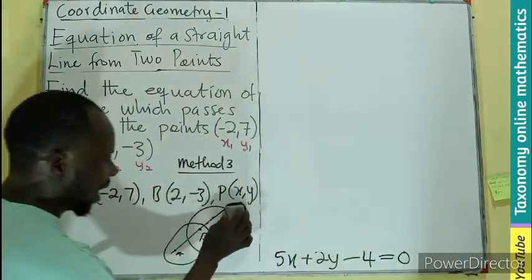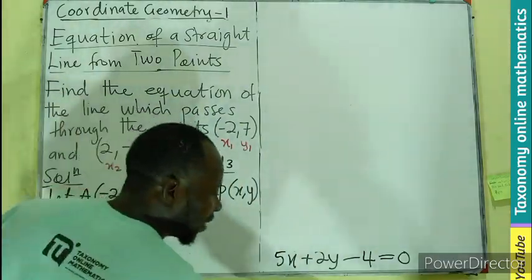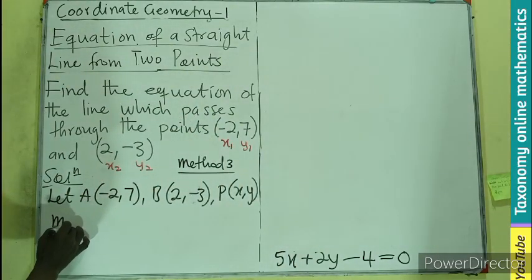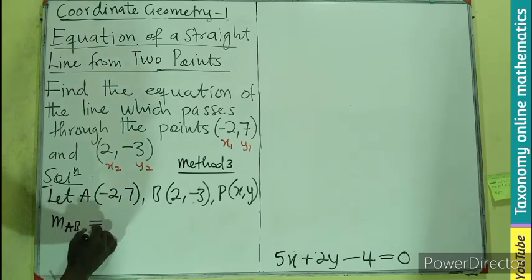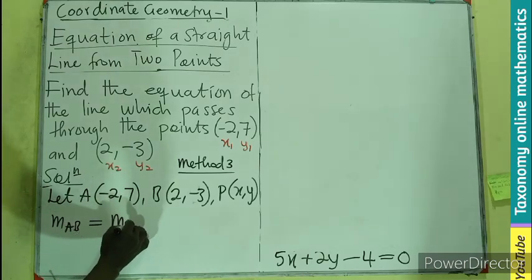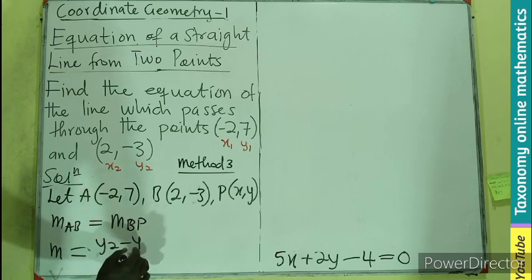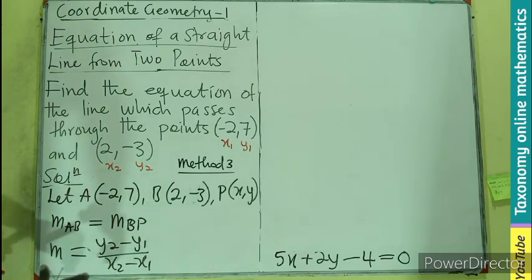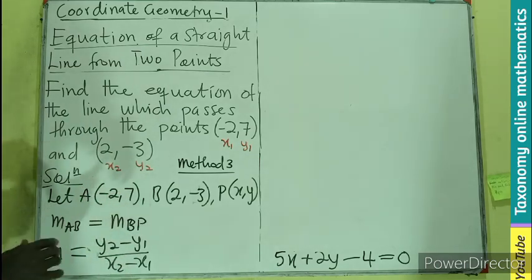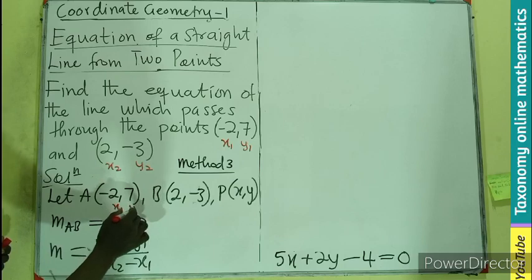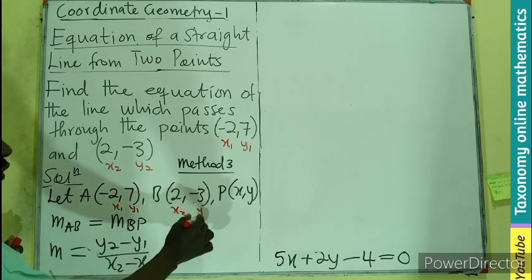So if that is the case, we can say that the gradient of the line AB will be equal to the gradient of the line BP. And we are aware that gradient is equal to y2 minus y1 over x2 minus x1. So let's follow through in that regard. Comparing A and B, this will be x1, y1, x2, y2.